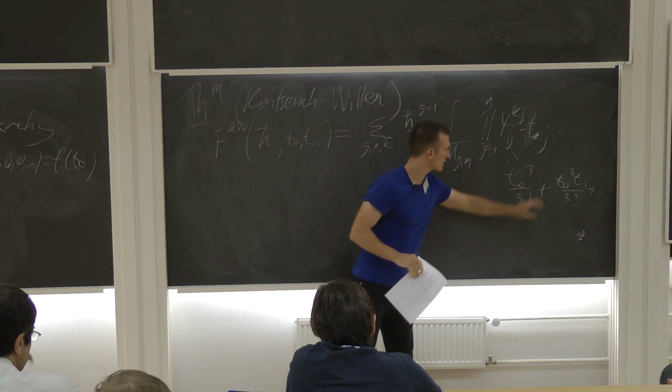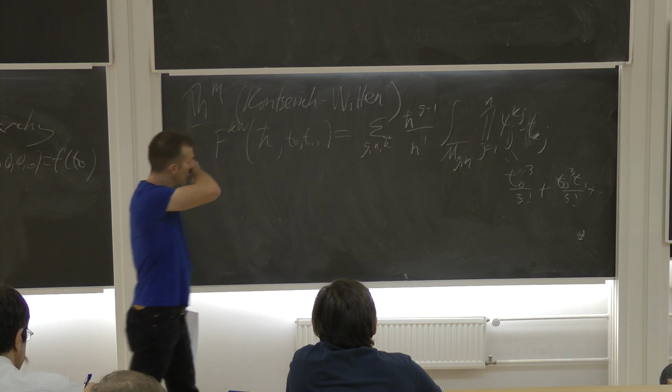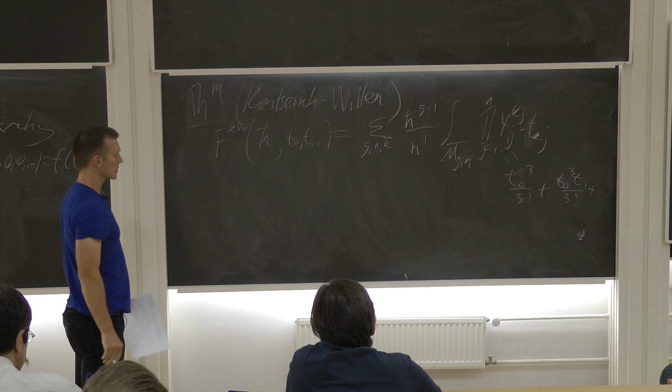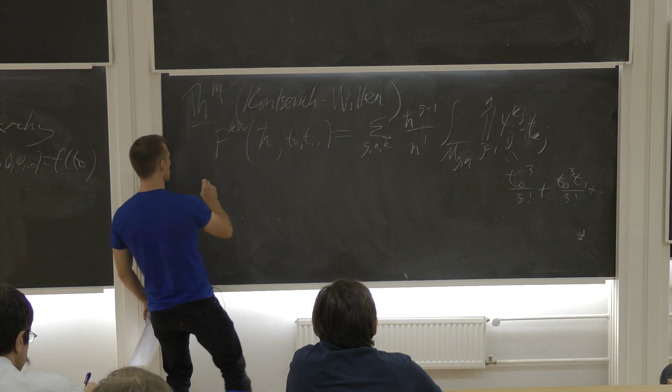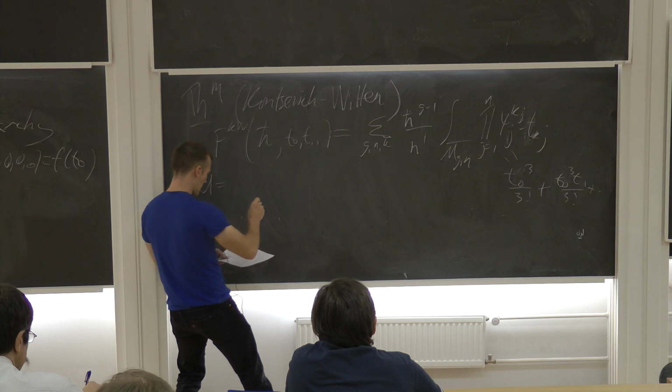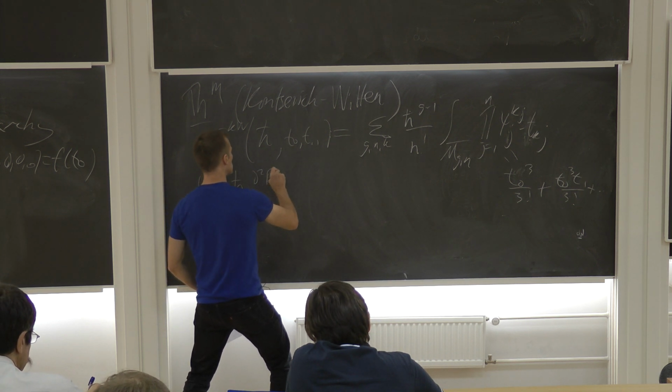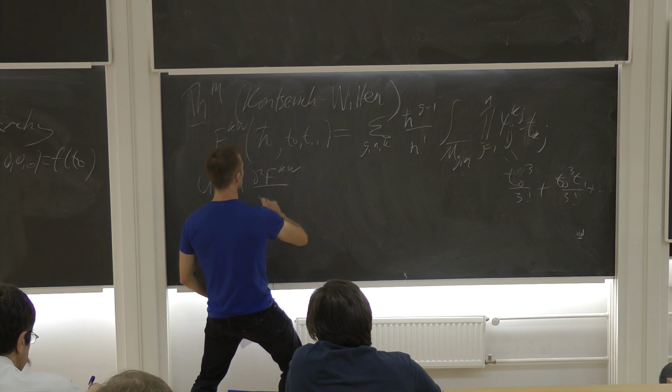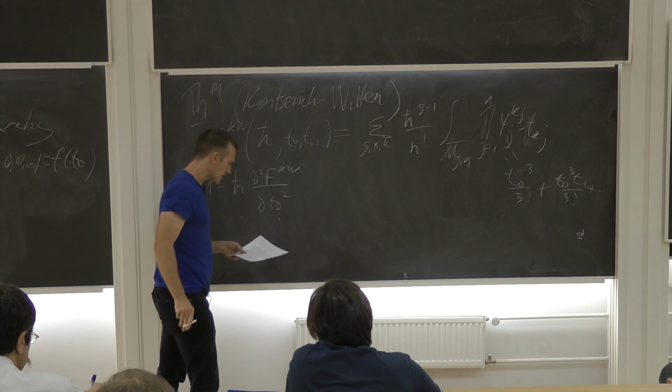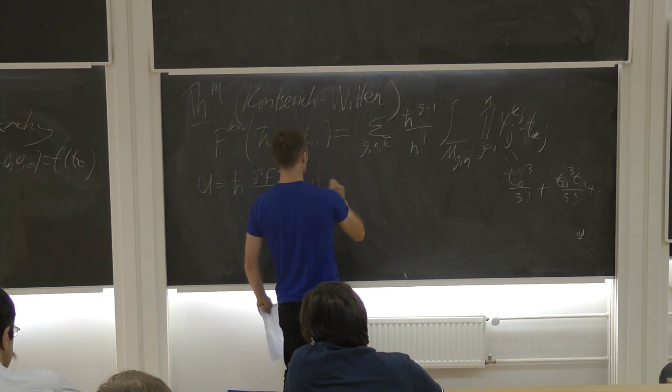So these coefficients here encode these intersection numbers. And the statement of the theorem is that this second derivative is a solution of the KdV hierarchy.